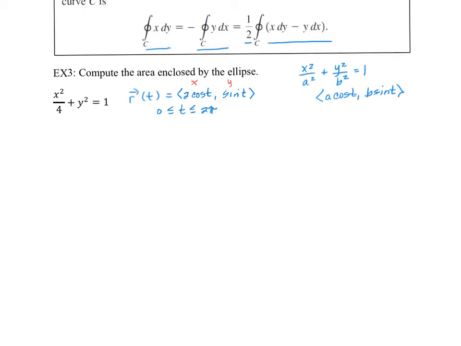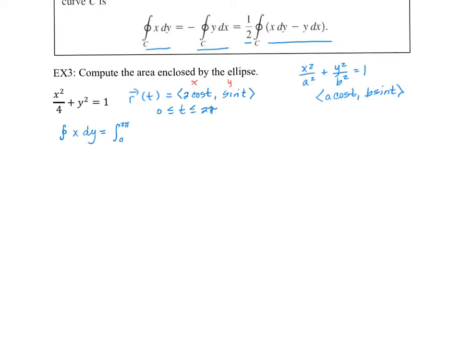I'm going to go ahead and use the first form, which would be the single integral. Now, oftentimes I'll leave off this little circle that means it's a nice closed curve. So if I was going to use the first integral, which is x dy, I'm going to go from 0 to 2 pi, would be my limits of integration.